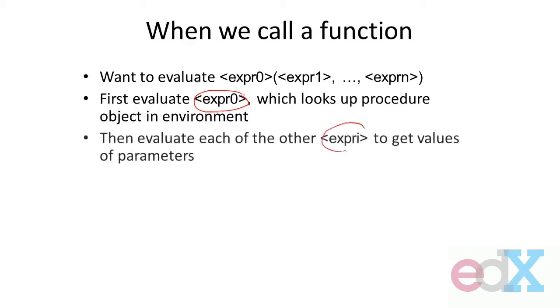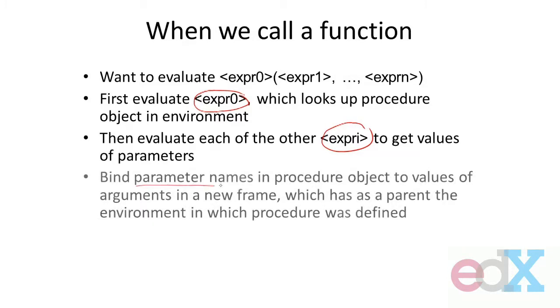I then evaluate all of these other expressions to get the values of the parameters. And then I bind those parameter names in the procedure object to the values of the arguments that I passed in. And I do that in a new frame, which has as a parent the environment in which the procedure was defined.